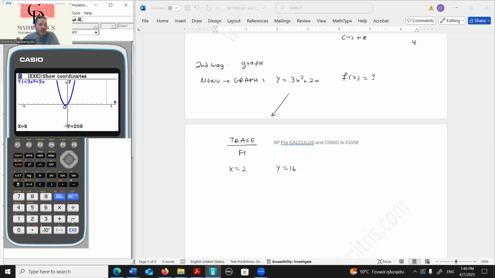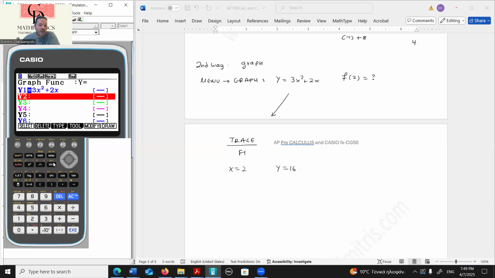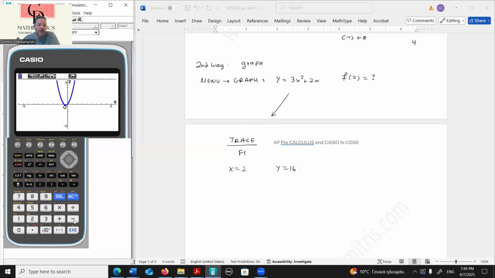How can we see that value? By zooming out. I go back, redraw the graph, and zoom out with the negative sign so that I'm now able to see 12. Now trace, then 12, EXE, and you see, problem solved.